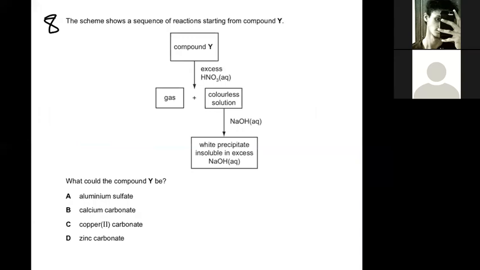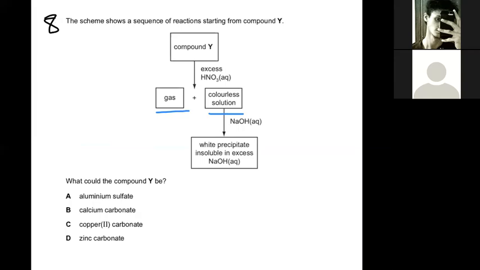Question 8. The scheme shows a sequence of reactions starting from compound Y. What could be compound Y? Compound Y, when it reacts with nitric acid, produces a gas and a colorless solution. This colorless solution, on reaction with sodium hydroxide, produces a white precipitate which is insoluble in excess sodium hydroxide.